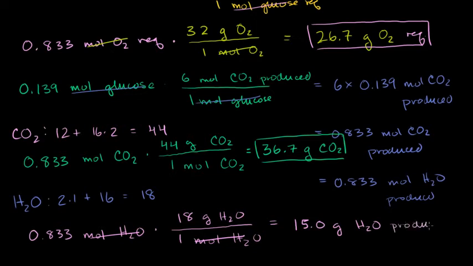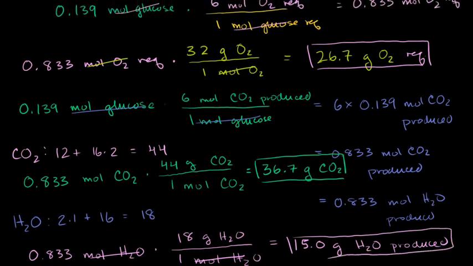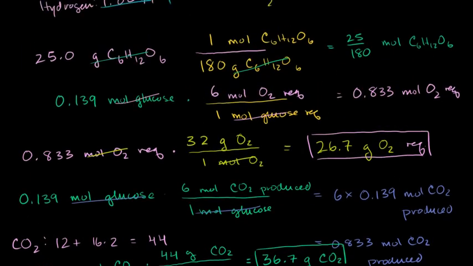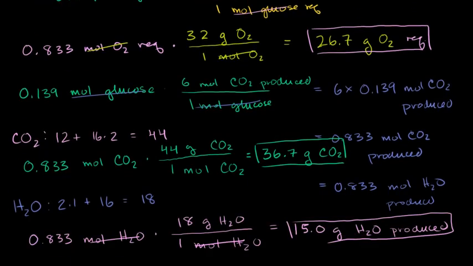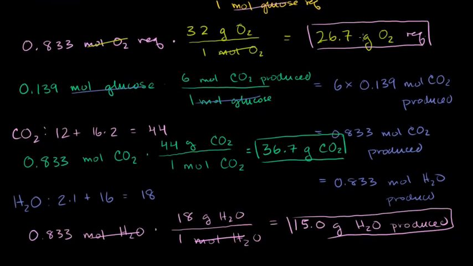And we're done. We figured out that if we start off with that 25 grams of glucose, like they told us at the beginning of the problem, we're going to require 26.7 grams of oxygen to react with it. We're going to produce 36.7 grams of carbon dioxide and 15 grams of water.